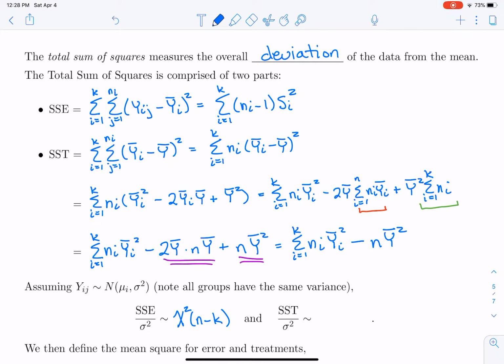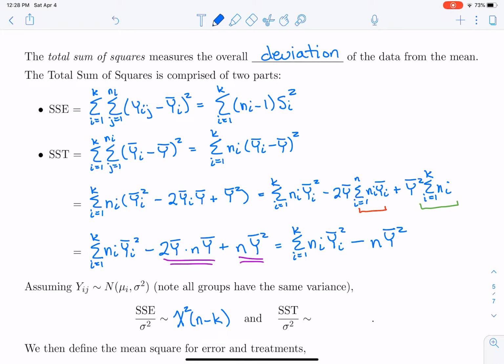Okay, the derivations for these are a little bit difficult. The book does this for two groups. So if you want to look at it, the book does this for two groups. But basically, these derivations are similar to when we first were looking at the chi-square distribution, specifically for comparing variances and looking at confidence intervals for variances.